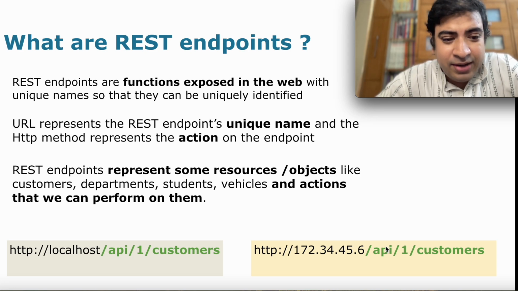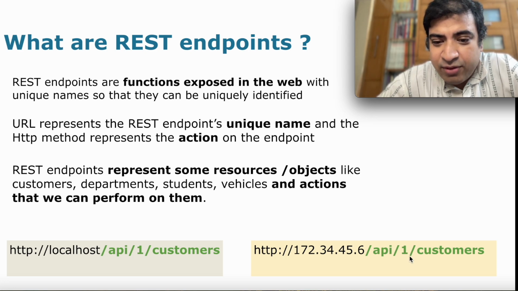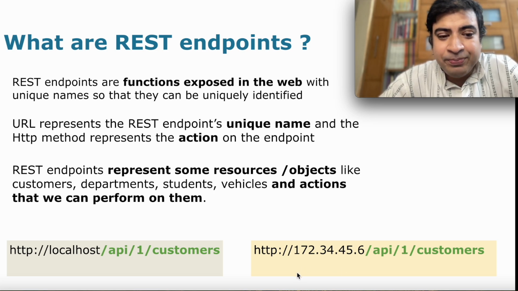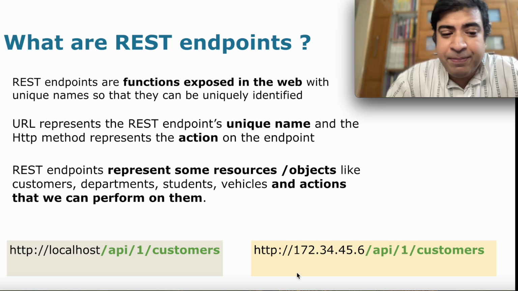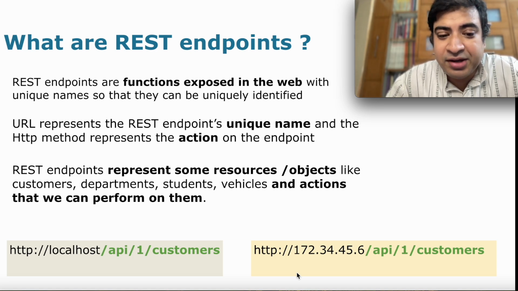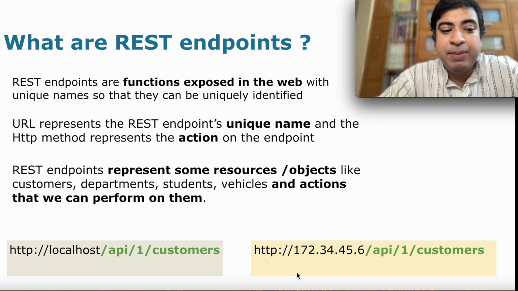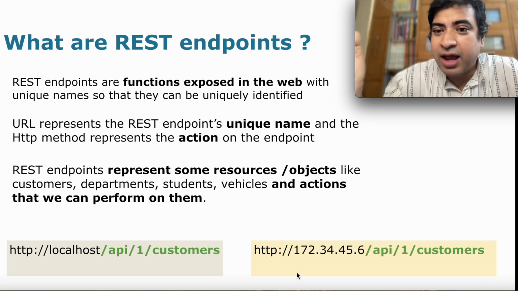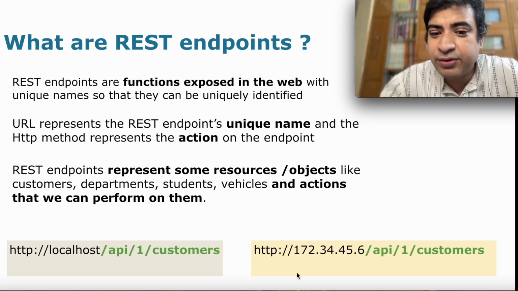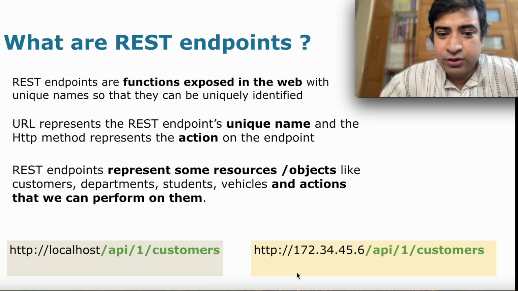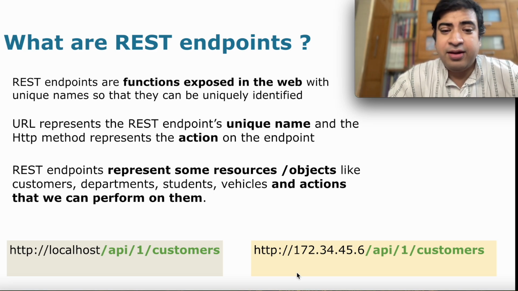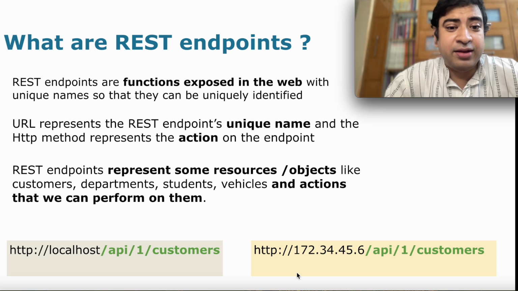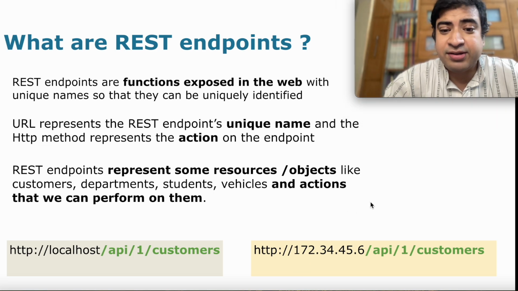So if you see at the bottom, the unique name of the REST endpoint is basically the later part, API/1/customers, and then it is prepended with HTTP: and then the IP, which may be localhost during local development. So this is how a REST endpoint is actually uniquely identified either when it is running locally or in the server, and it is very important to understand this.